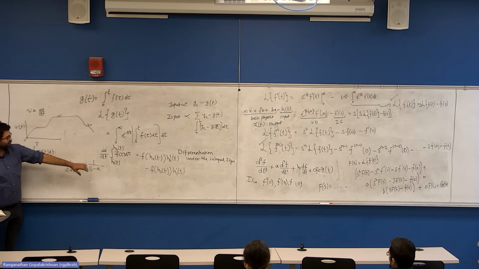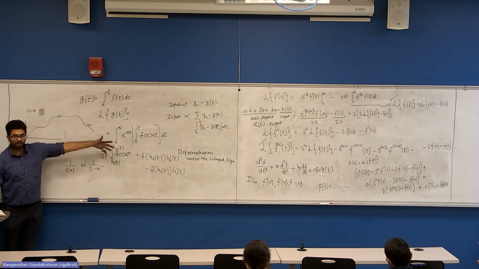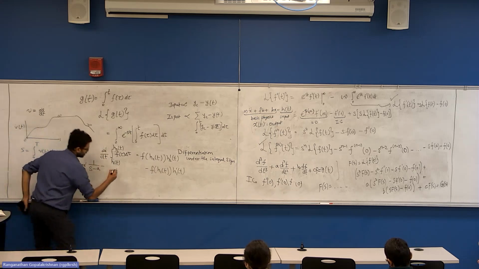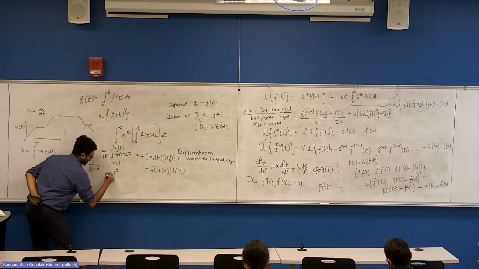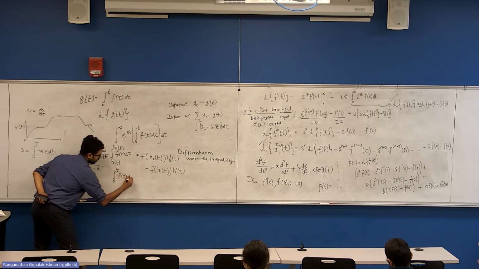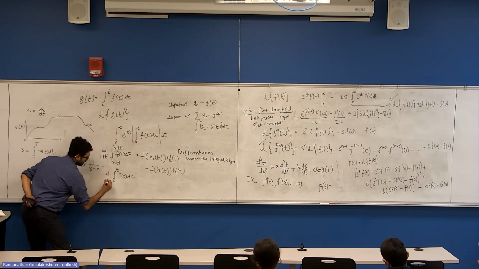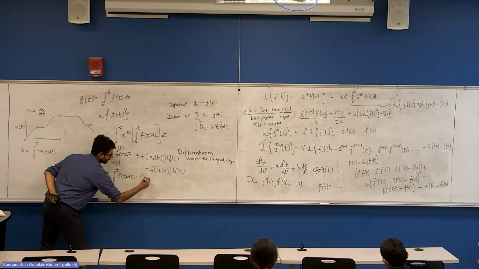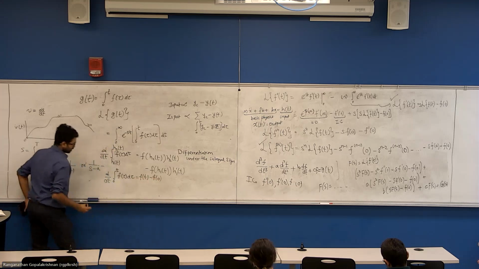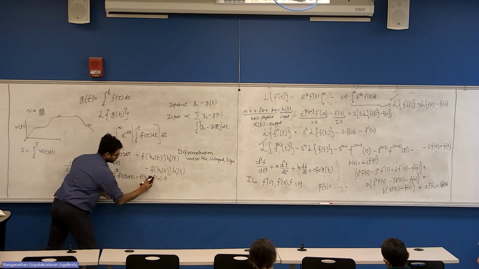But we don't have to worry. For us, h1 is 0 and h2 is only t. So for us, the result simplifies: d over dt of the integral from 0 to t of f of tau d tau is f of t minus f of 0 times 0. So this goes away, and it's just f of t.